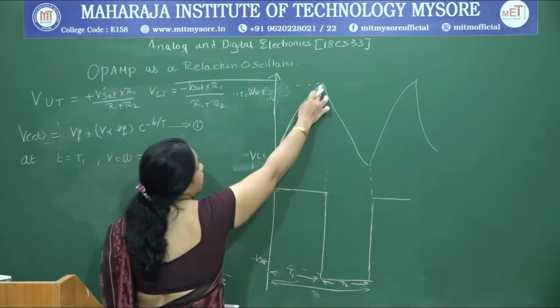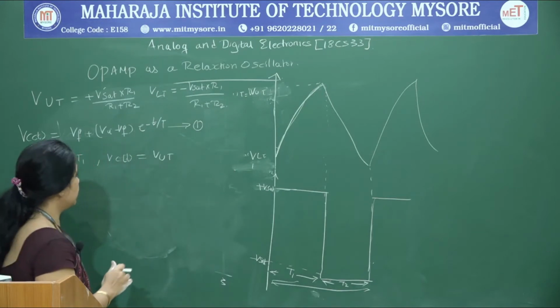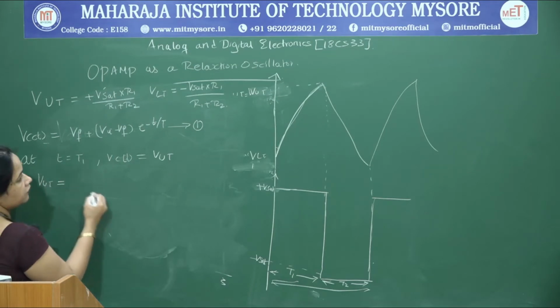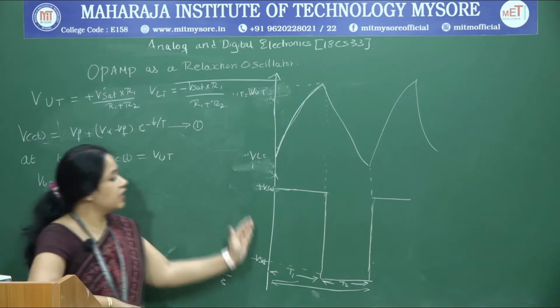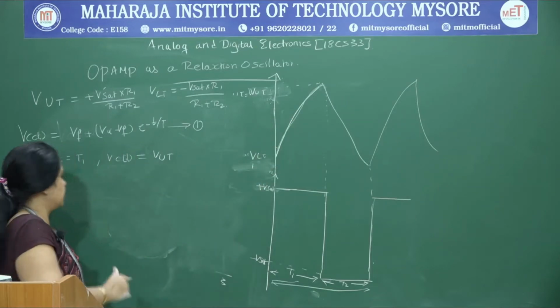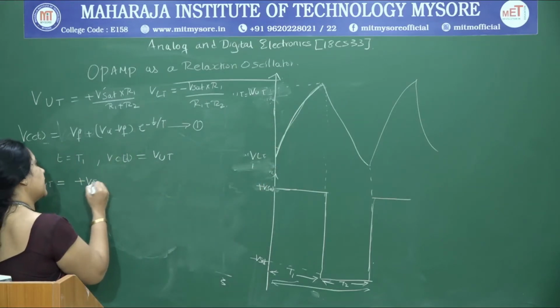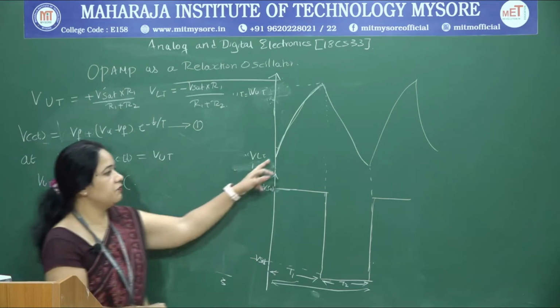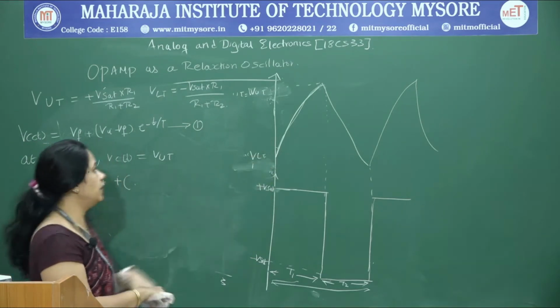So, substituting these values, VUT is going to be, what is the final value? It is getting charged towards positive saturation, so it is plus Vsat. What was the initial value? It started from the lower threshold point, VLT.